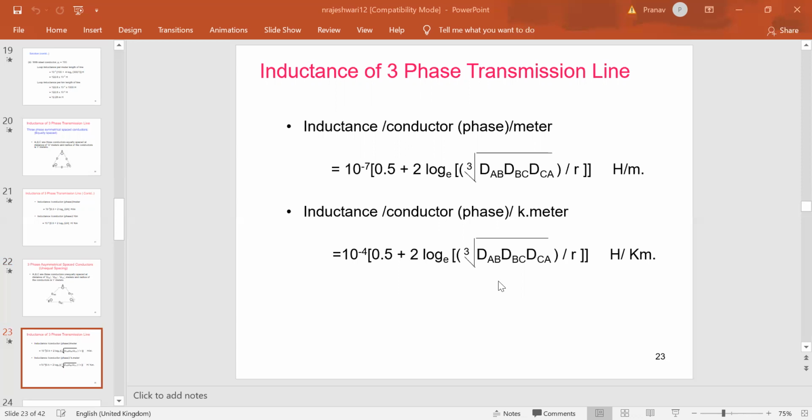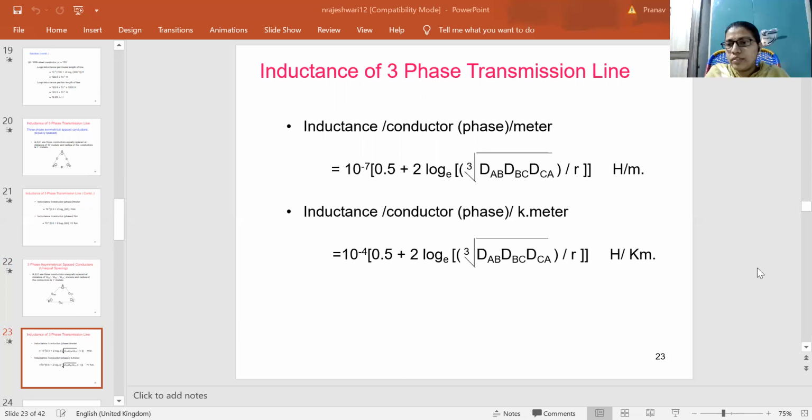These are the two equations for inductance of three-phase transmission lines with equally spaced conductors and unequally spaced conductors.